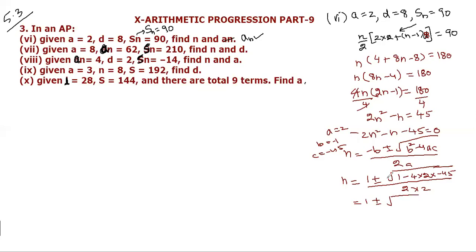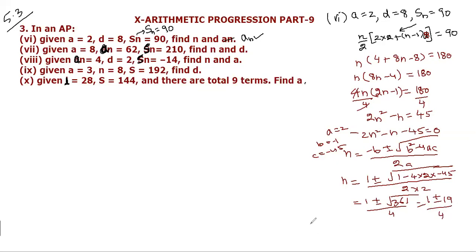First multiply 45 into 8, 360 plus 1, 361. This will be 361 divided by 4. Okay, so 361 is the square of 19. So here we got 1 plus minus 19 by 4.